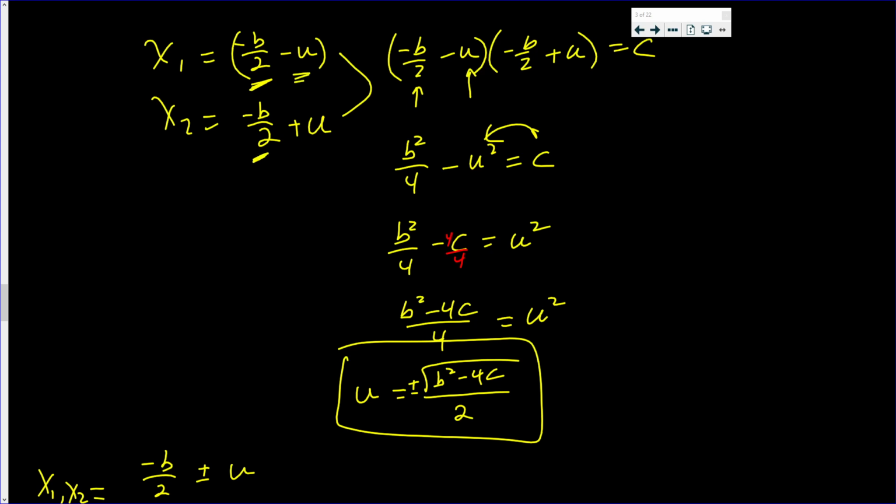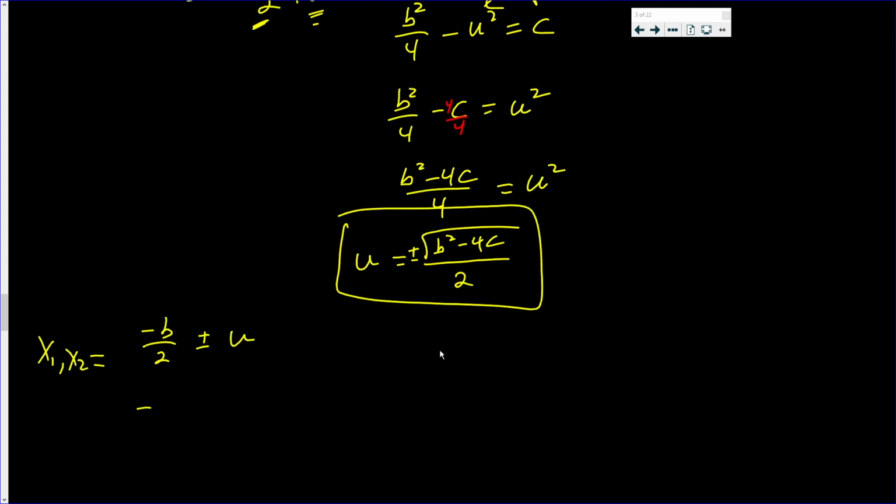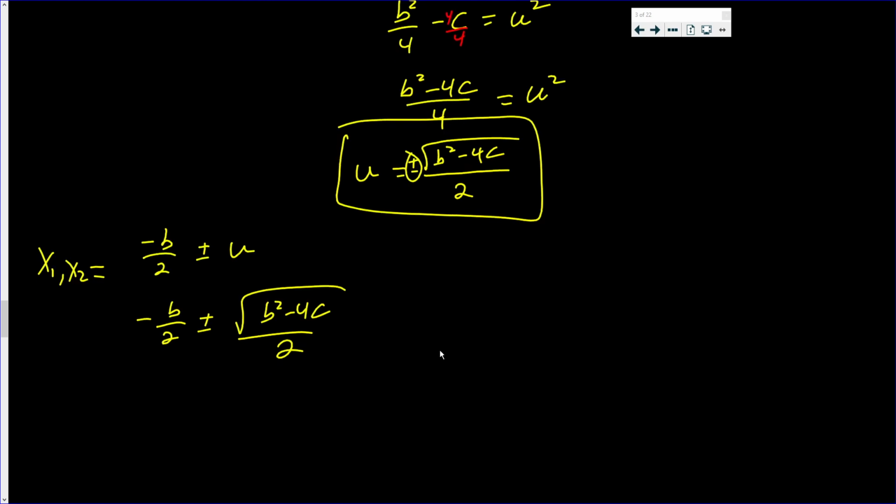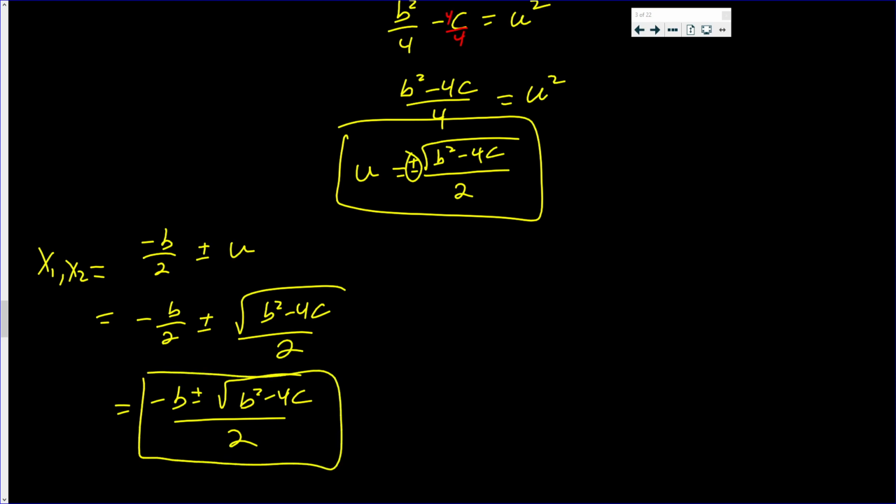The other root is negative b over 2 plus u. So we get negative b over 2 plus or minus u, which also has plus or minus. That's not going to affect anything. So the two roots are this here. Okay. But this is exactly the quadratic formula where a is 1.